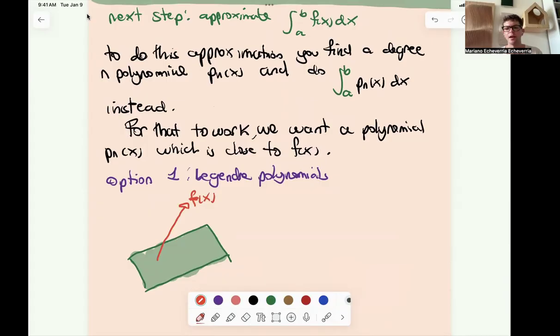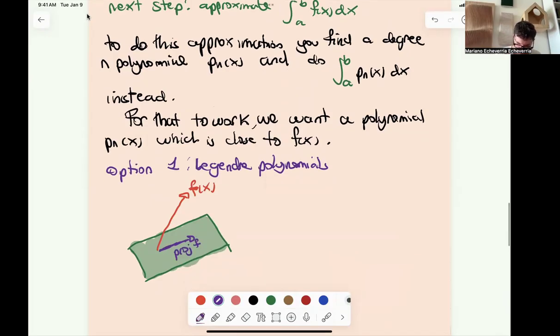a function, we talked about how you can project it. So you could try to find the projection of this function, which, if you remember, was the degree n polynomial that's closest to the function in a sense.